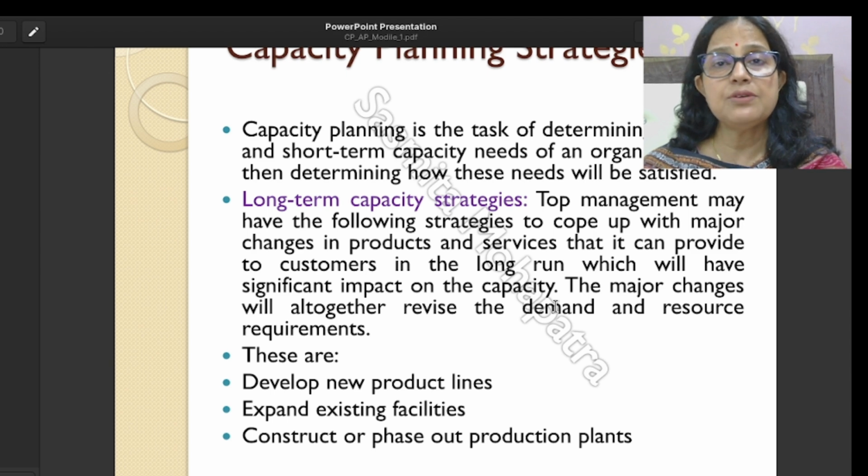Constructing or phasing out a production plant. If we go for producing a new plant or phasing out a production plant, we are planning for a new one. So in this case, we go for long-term capacity strategies, long-term planning.